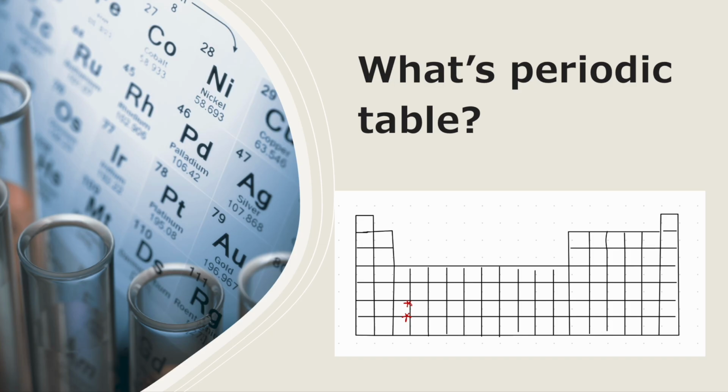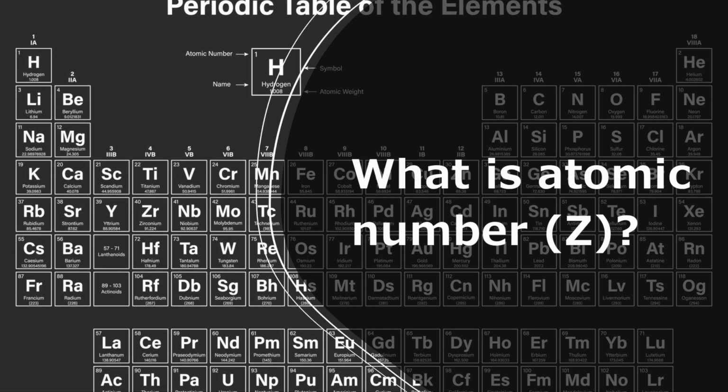So what is atomic number? Atomic number in chemistry is the number of protons in the nucleus of an atom. It is denoted by the symbol Z and determines the identity of an element. For example, hydrogen, or H, has an atomic number of 1, meaning it has 1 proton.